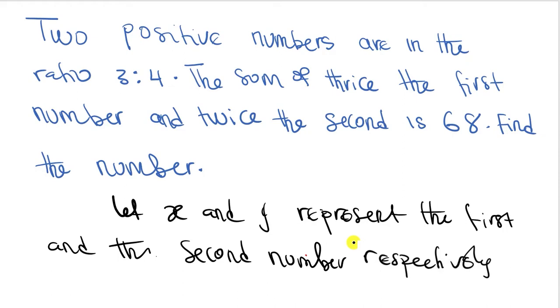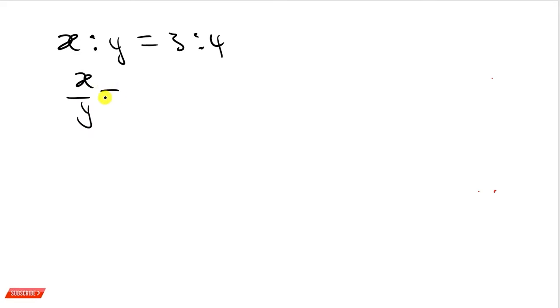So what we are going to do is, the question said that they are in the ratio 3:4. If that is the case, then it means x is to y is equal to 3:4. That is the first statement there. And we can try expressing this in the form of fraction. So this becomes x over y is equal to 3/4.